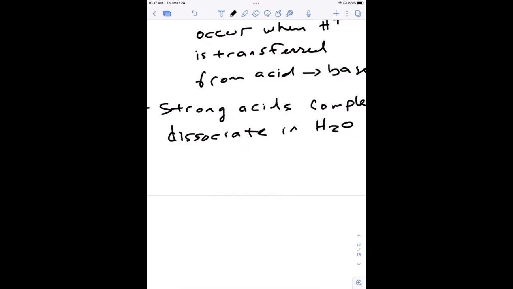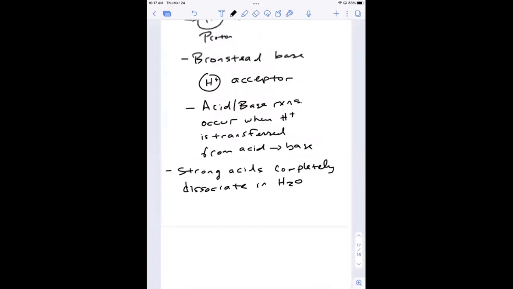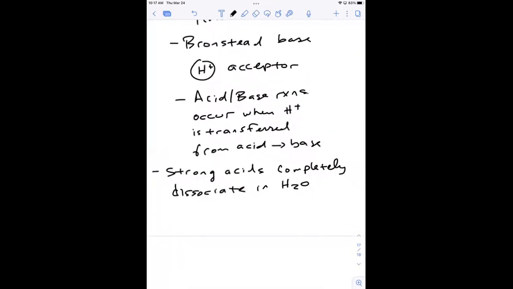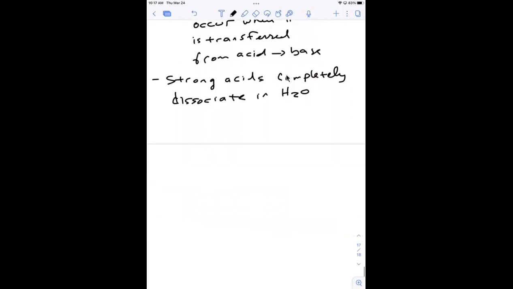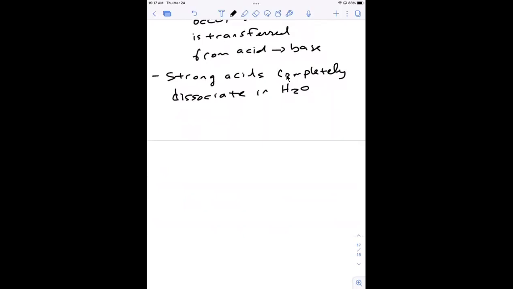And the same thing when we talk about Bronsted bases. Those bases also dissociate. If it's a strong base, it's going to dissociate completely. All right, so here's an example of a strong acid like HCl, right?